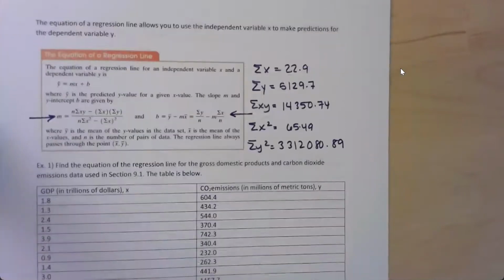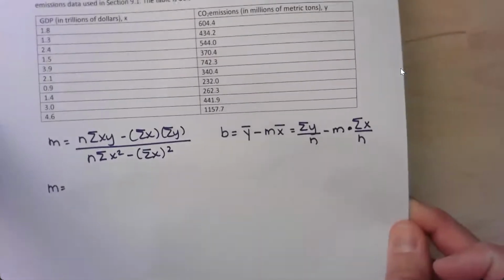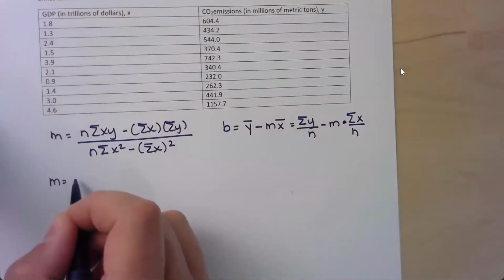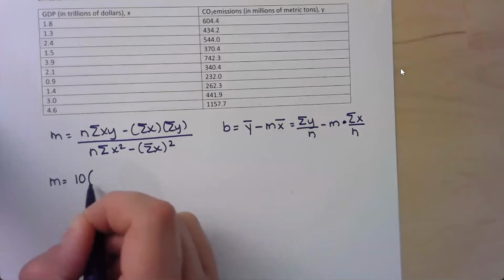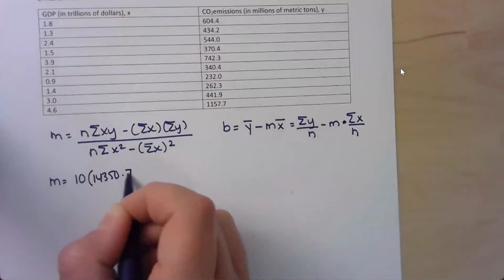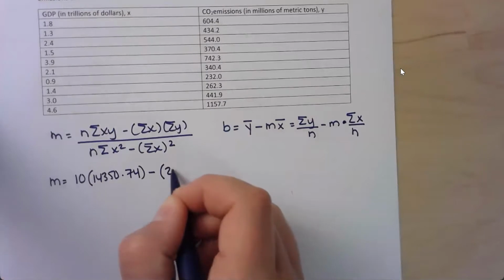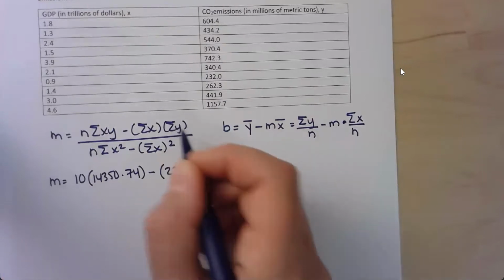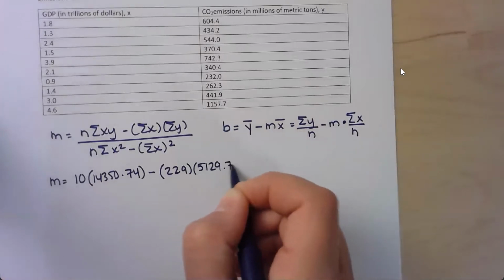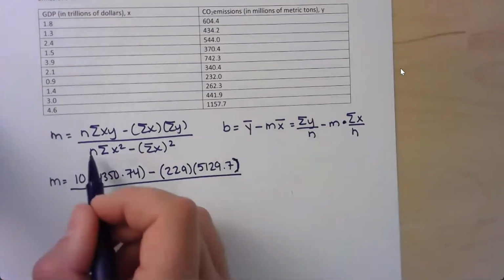Now I'm using all these values up here in my formula. And again, we calculated these back in 9.1, so if you need to review that video, please do. I have 10 data points here. So I have 10 times the sum of my xy's, which was 14,350.74, minus the sum of the x's, which was 22.9, and the sum of the y's, which was 5,129.7. My n is 10.